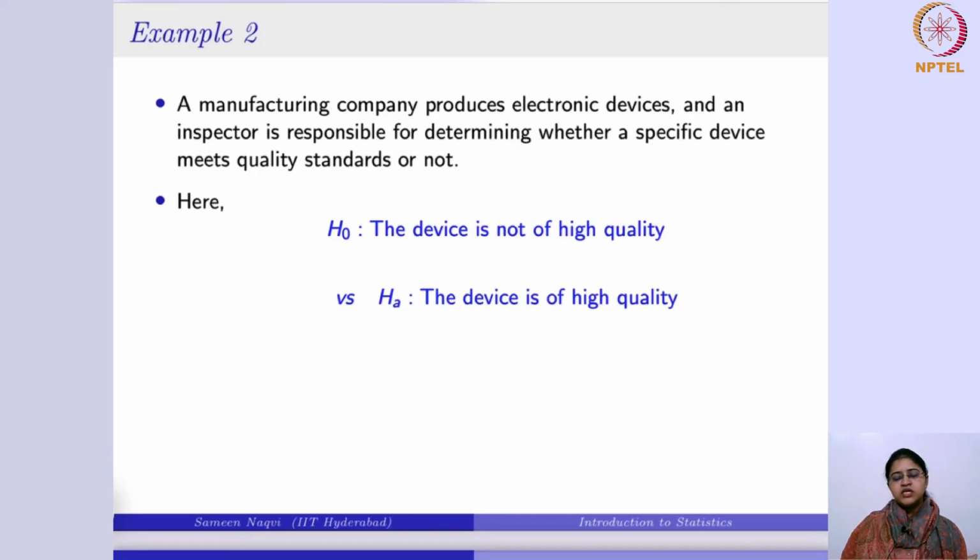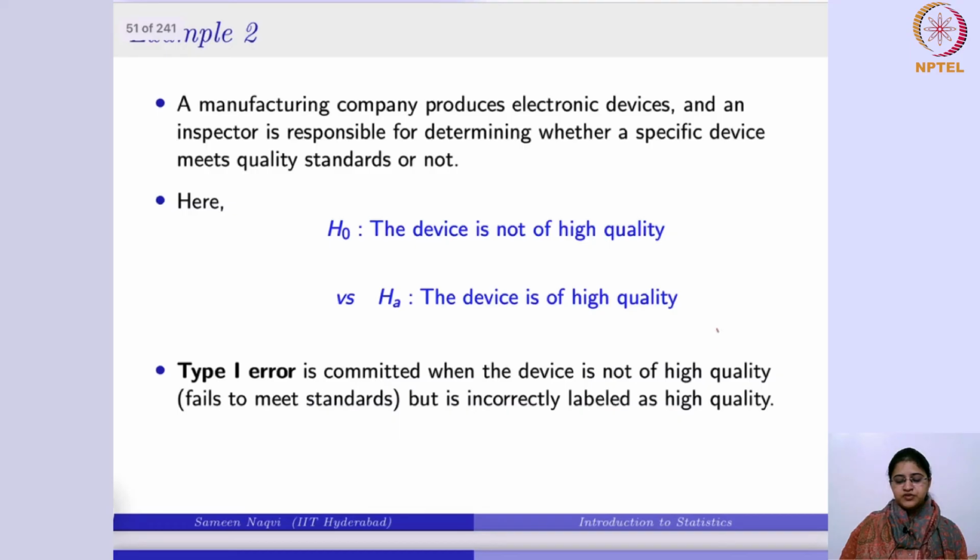And the other one is the device is of high quality, meaning it meets the quality standard. Now your type 1 would be reject H0 when it is true. So you are rejecting the null hypothesis when it is true. The device is not of high quality, but you are rejecting that claim and saying that no, it is of good quality.